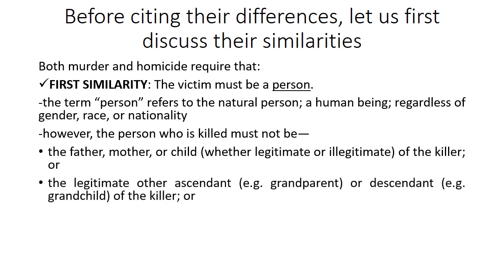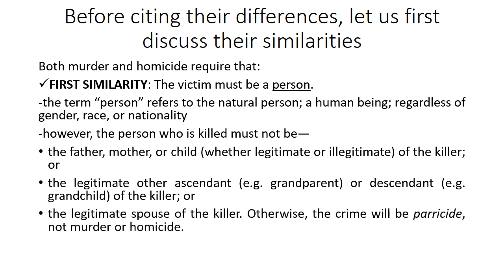Or the person who is killed must not be the legitimate other ascendant, like the grandparent, or legitimate other descendant, like the grandchild of the killer, or of the offender or perpetrator. Or the person who is killed must not be the legitimate spouse of the killer.